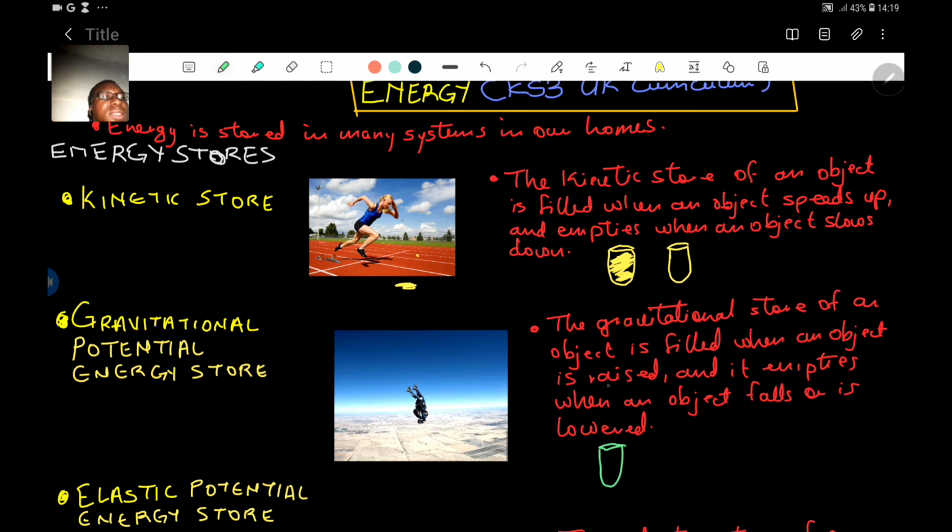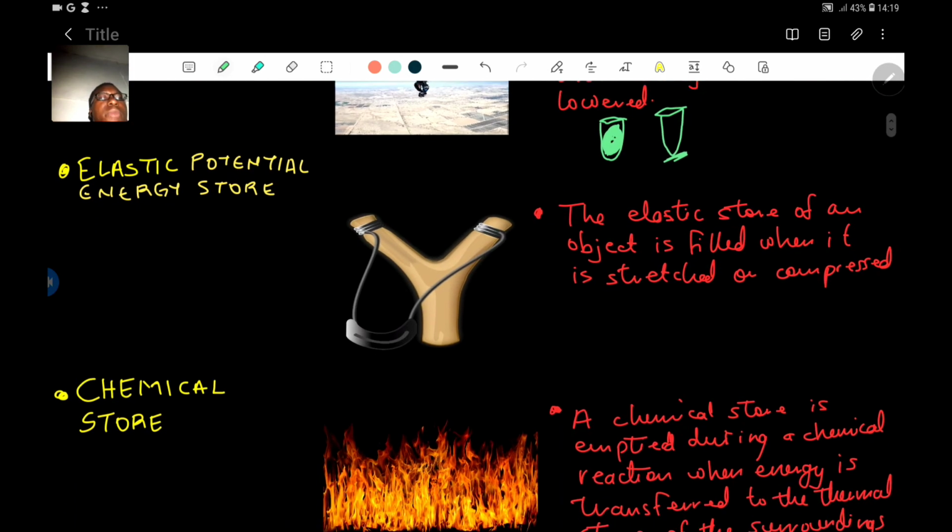So when you raise the object up, it could be when you jump up, it could be when you throw a ball up, it could be when you throw anything up, the gravitational energy store gets really filled up. Then once the object starts coming down, it starts reducing and reducing and reducing. Then you have an empty store. That's the basic idea.